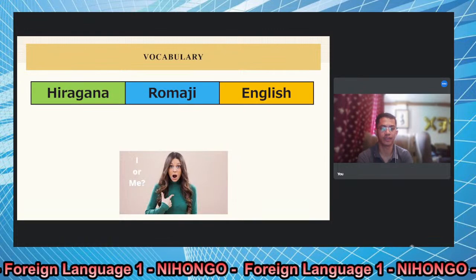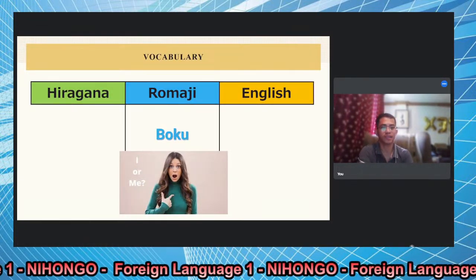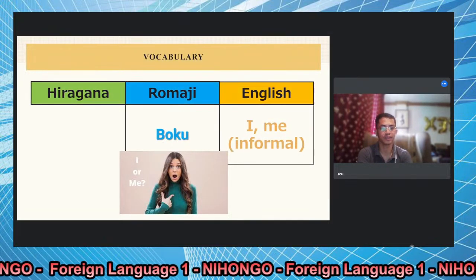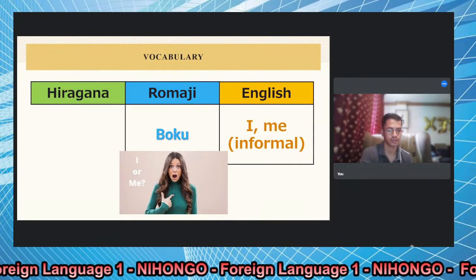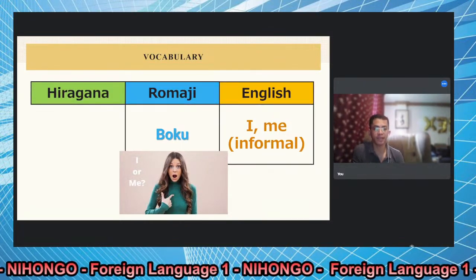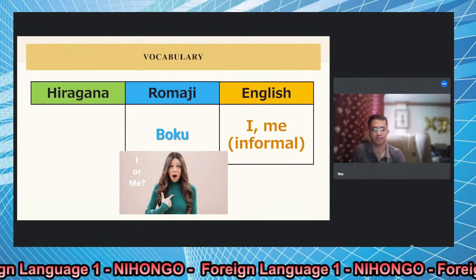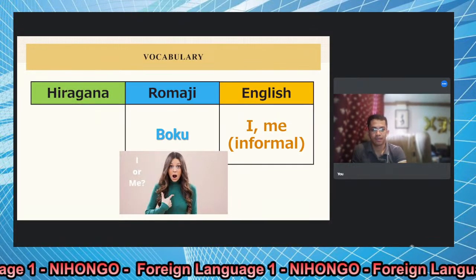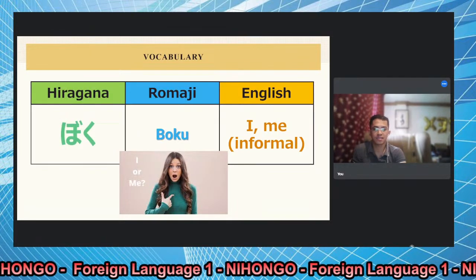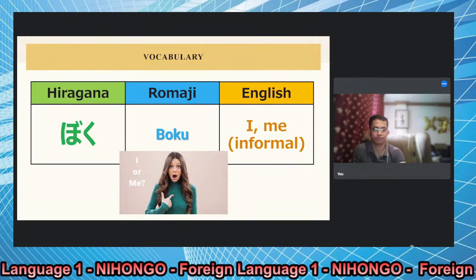Next word, boku. Boku in English is I or me, informally. Okay? Kasi for formal, it's watashi. And it is written as ho plus tenten and then ku.